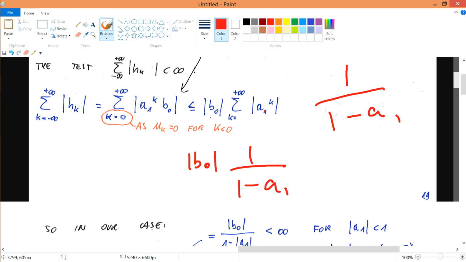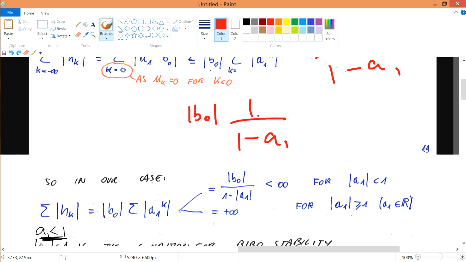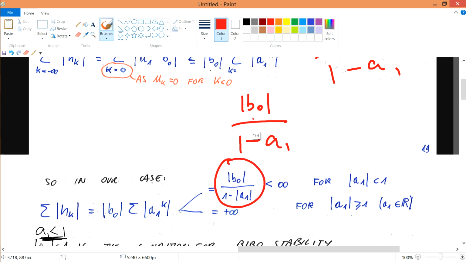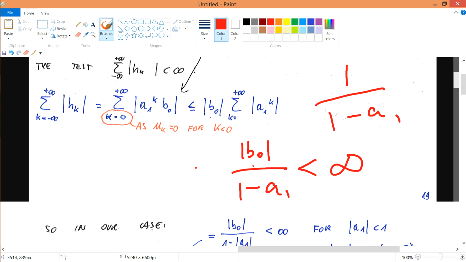If I put them together, this thing multiplied by this thing, I multiply it in and I have something like this. Ta-da! This thing over here should be smaller than infinity, which is your BIBO stability condition.